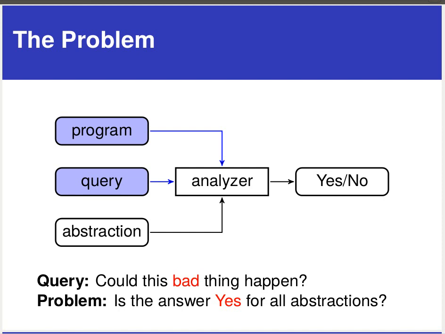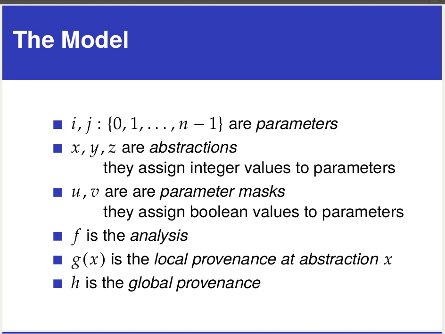What I'm going to do next is rephrase this problem, but in a more formal setting. So I'm going to say exactly the same thing as I said until now, but in a more precise way. To do that, I need some notations, and that's what this slide introduces. I referred so far to parameters. From now on, I'm going to identify parameters with the integers 0, 1, 2 up to n minus 1.